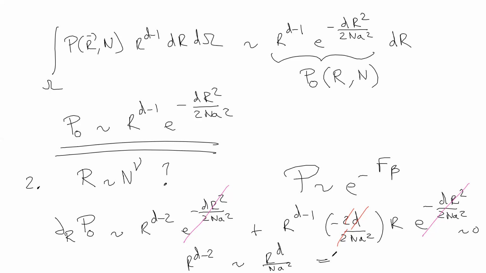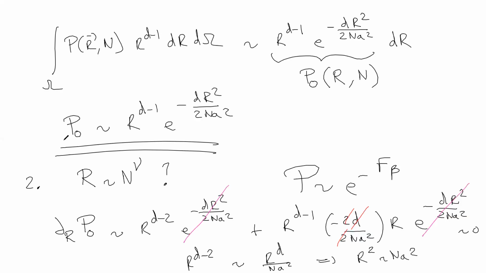So this is equivalent to saying that R squared goes like N a squared, or stated differently, that R goes like the square root of N times a, which is nu equal 1/2. This is the diffusive behavior that we discussed extensively in the first tutorial. So it's obvious, we were just extending to d dimension the probability that we uncovered in the first tutorial. So we just extrapolated to d dimension, but the relationship is still diffusive.